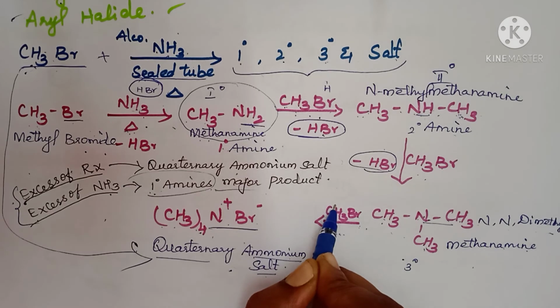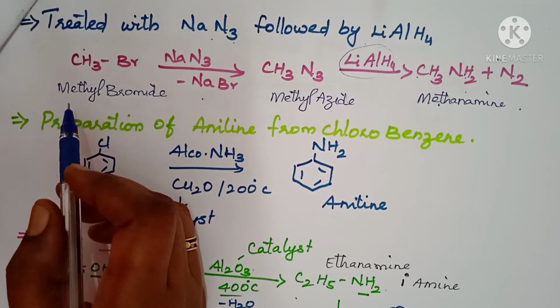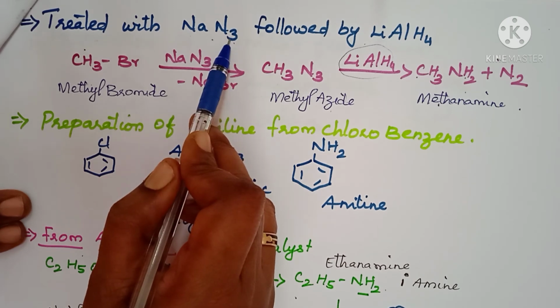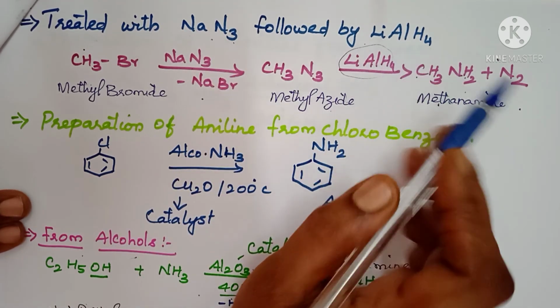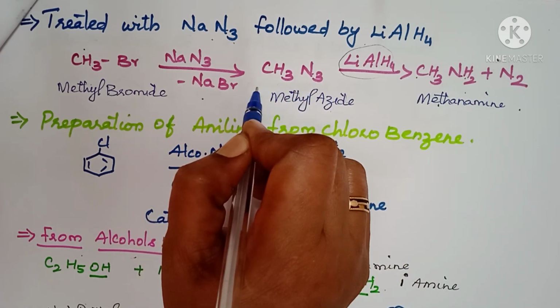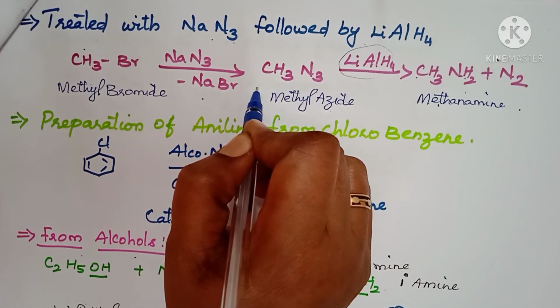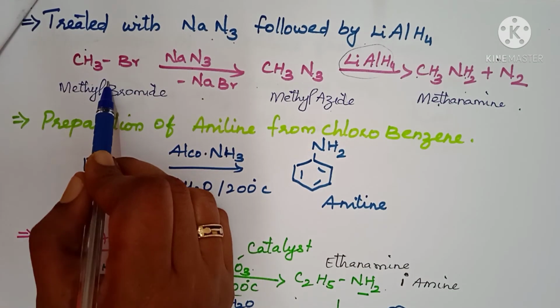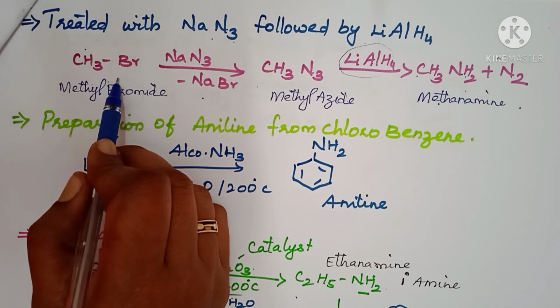It's a very important question. Next one, treated with NaN3, followed by lithium aluminum hydride that we are using. From alkyl halide, that is the third point. Methyl bromide is a common reactant.